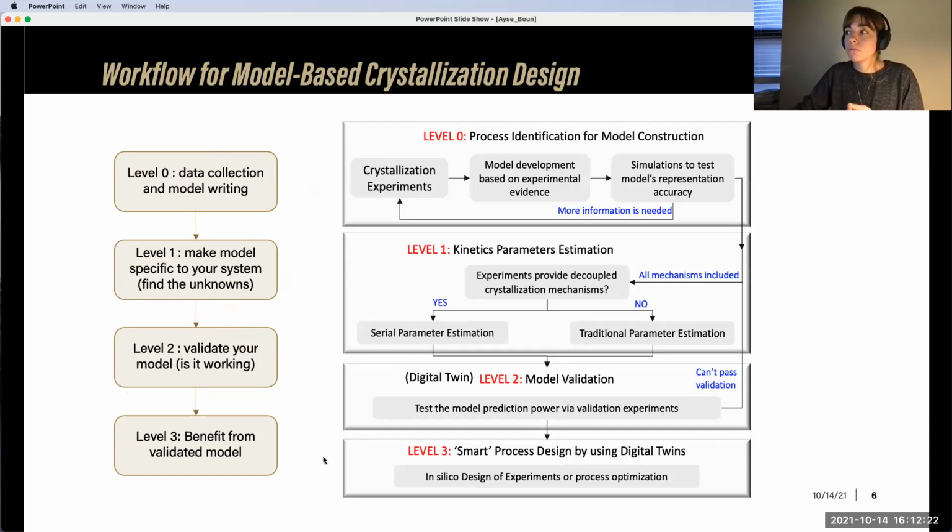And then I do extra experiments to validate my model, to test if it can simulate the new experiments well, if it can predict the crystal properties well. Once I validate it, it is called a digital twin. I basically use that model to do process optimization or design of experiments, simulating different experiments to understand my system further and predict what's going to happen without going to the lab more.